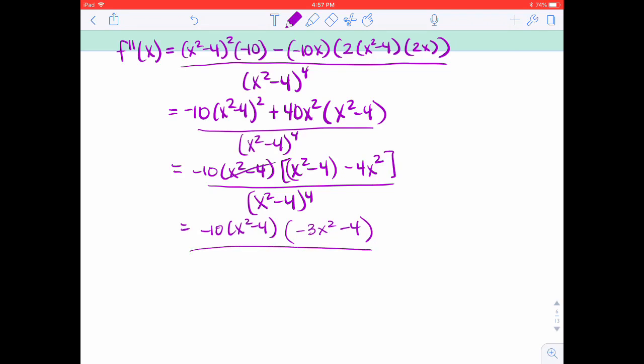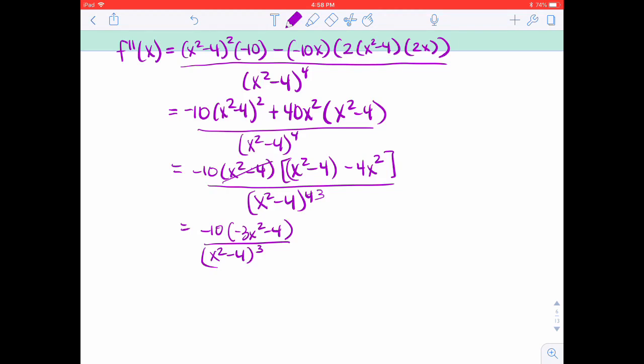So, oh, and I could have taken this out. Let's go back. We could delete that because I can take out one of these and one of these. I almost forgot that. So then this becomes 10 times negative 3x squared minus 4 all over x squared minus 4 cubed. And that's that. You can leave it like that, I guess.